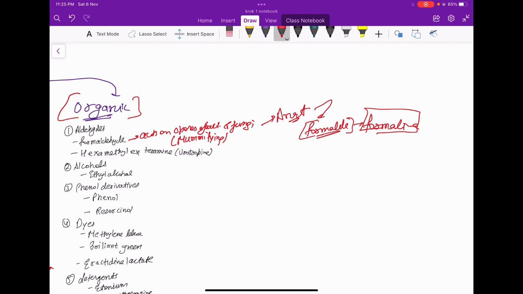And guys, thereafter, what are the indications here? The indications are free sweating, thereafter syringing, in gynecology.